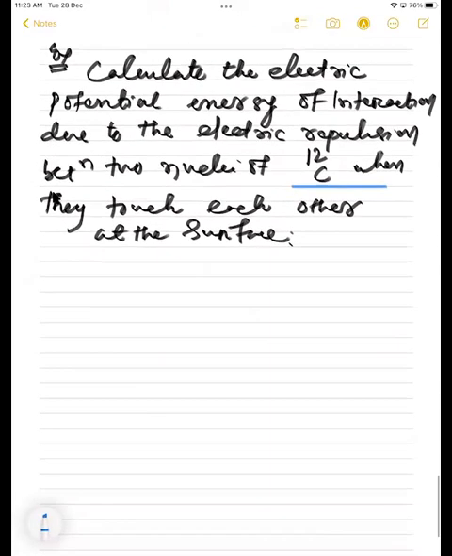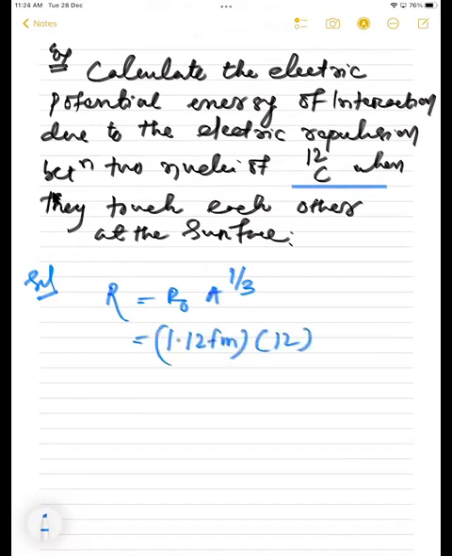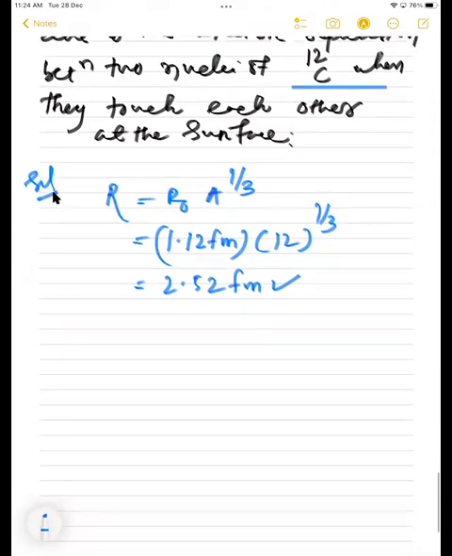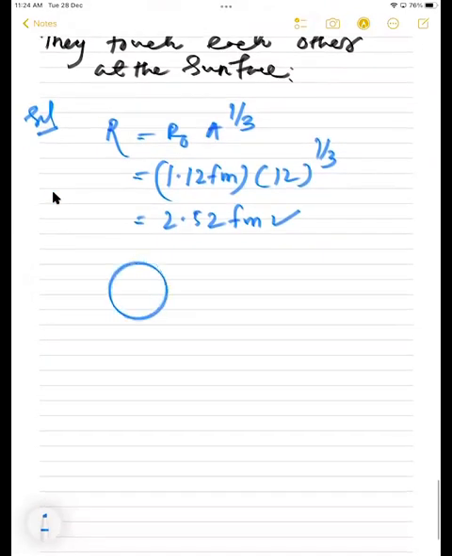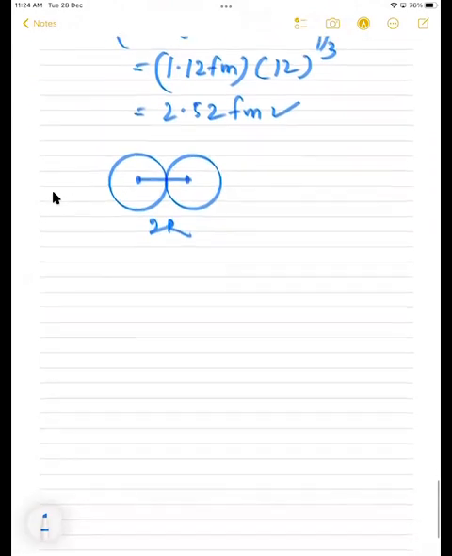ठीक है, तो पहले स्टूडेंट हमारा पहला काम क्या है? रेडियस निकाल देना, सो दैट हमें पता चल जाएगा कि उनका एटॉमिक डिस्टेंस कितना है. तो रेडियस का क्या फॉर्मूला है? R naught into A to the power 1 by 3, राइट? सो दैट इज इक्वल टू 1.2 फेम्टोमीटर इंटू कार्बन का एटॉमिक नंबर क्या है? 12 टू द पावर 1 by 3. So that is 2.52 femtometer आ गया, करेक्ट है ना? सो सेपरेशन मतलब यहाँ पर मैंने एक रखा और यहाँ पर मैंने एक रखा, तो उनकी सेंटर टू सेंटर डिस्टेंस क्या लेंगे, 2r लेंगे ना, ये इसका रेडियस r, इसका रेडियस r, yes or no?